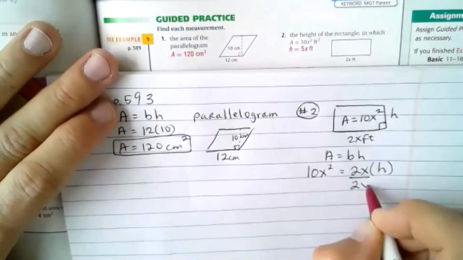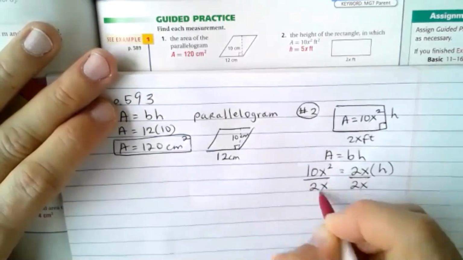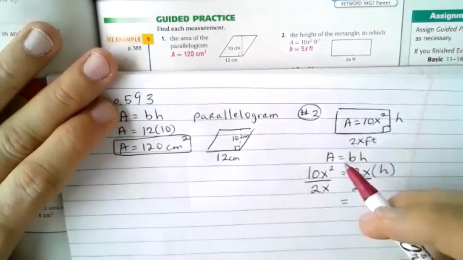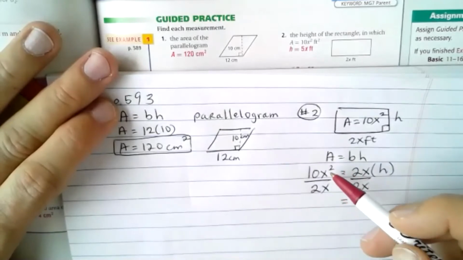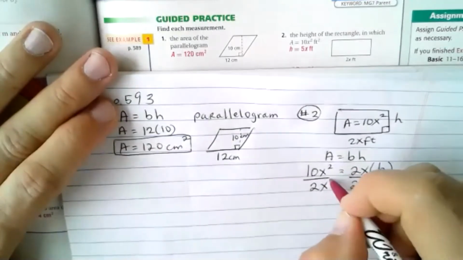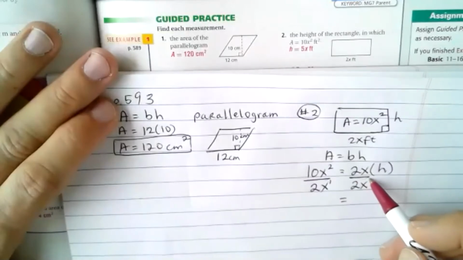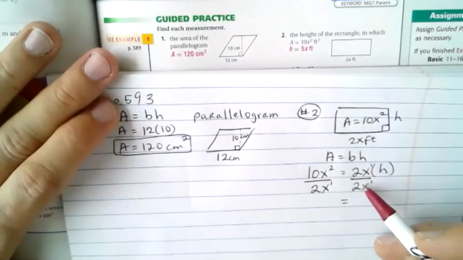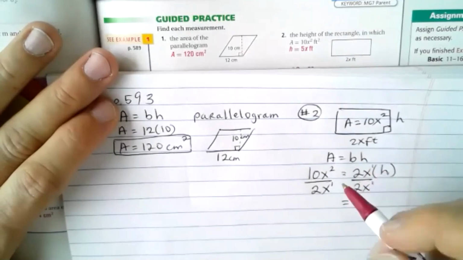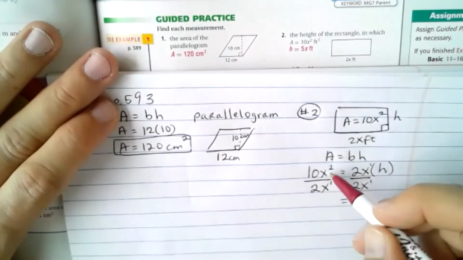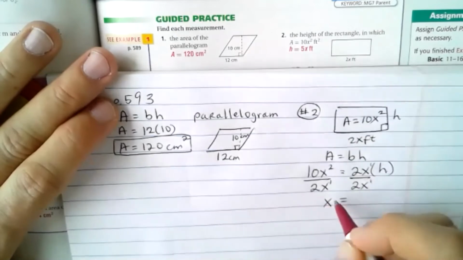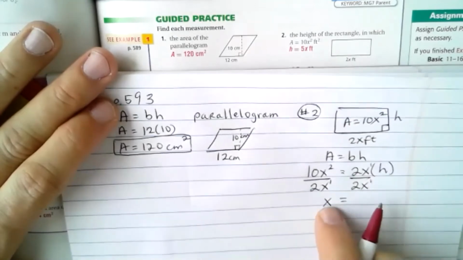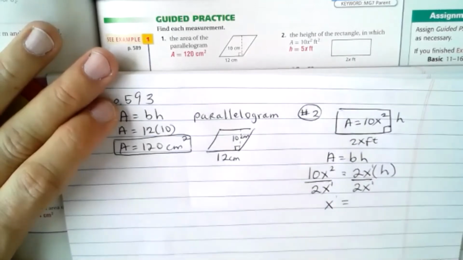So what happens here? You're going to divide both sides by 2x. Okay. Now remember, yesterday we talked about dividing like terms with exponents. This is really an exponent of 1 there. Okay, so 1 minus 1 is 0. That's when you hear the word cancel out. And 2 minus 1 is 1. So in this case, my answer is going to have an x value with an exponent of 1 there.